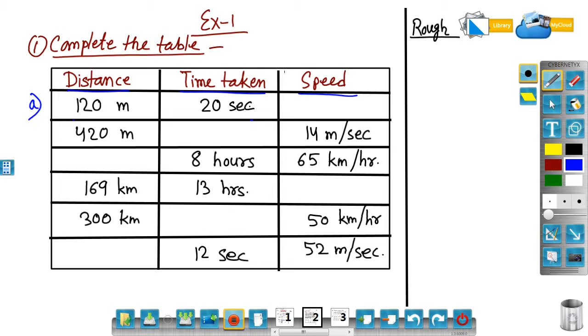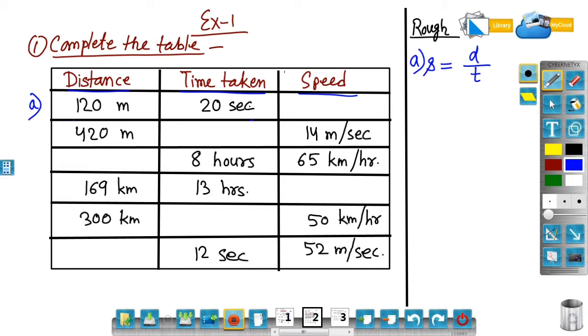But we have to find the speed of the object. हमें उस बॉडी का, उस मूविंग ऑब्जेक्ट का स्पीड निकालना है, डिस्टेंस और टाइम दिया हुआ है। बताइए कि स्पीड कैसे निकालते हैं. What is the formula of speed? Formula of speed is s equals distance by time.